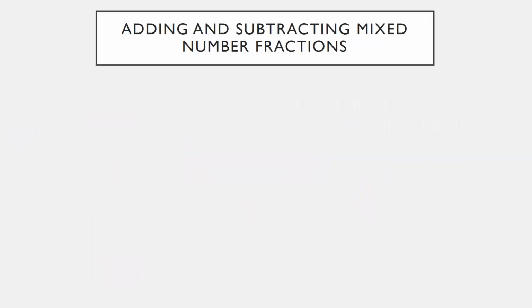Then we can move on to do this with mixed numbers as well. There are 2 different ways I'm going to show you to do this, and then you can pick which one you prefer. So method number 1, I have 3 and 2/7 plus 2 and 4/6. The first thing we're going to do is convert these into improper fractions, which we looked at last week.